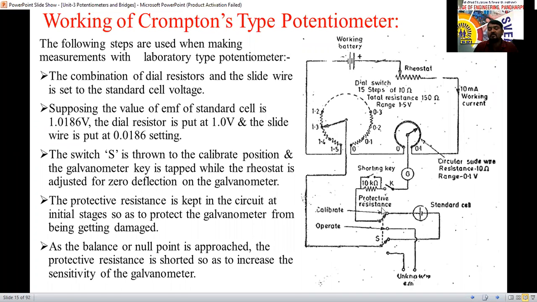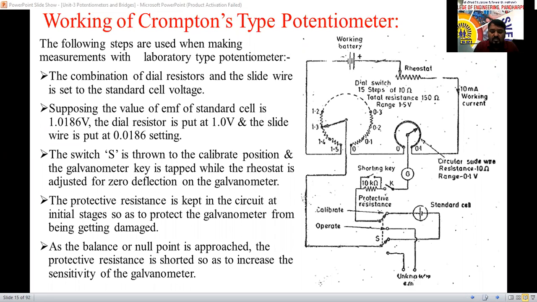So suppose this standard cell voltage is 1.0186 volt here now, and the dial resistor is put at 1 volt here now.